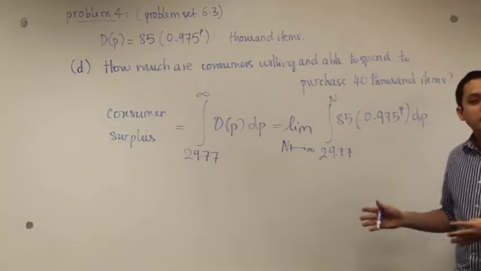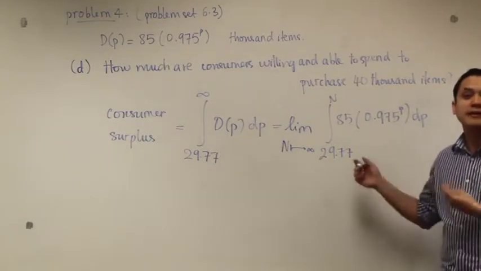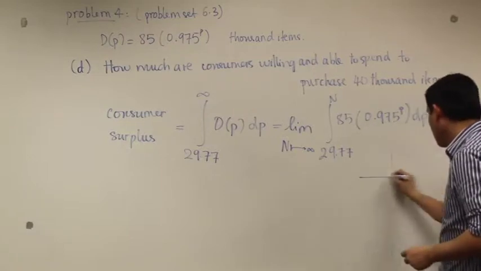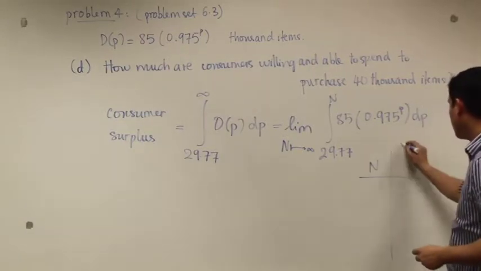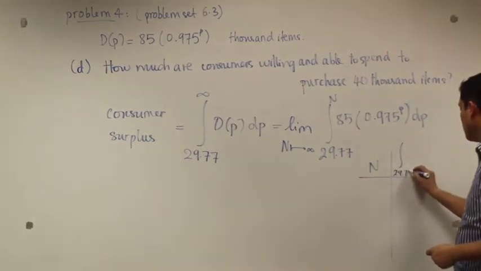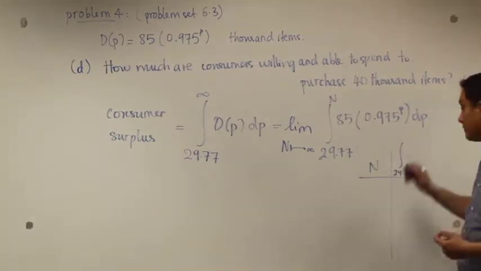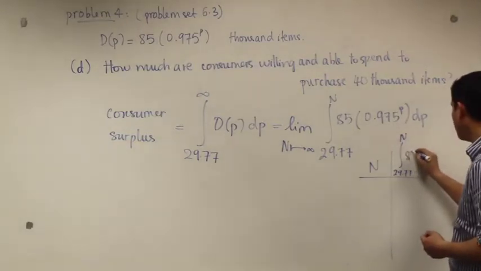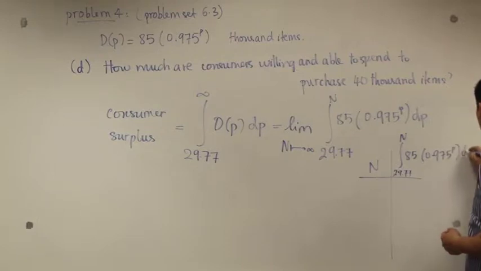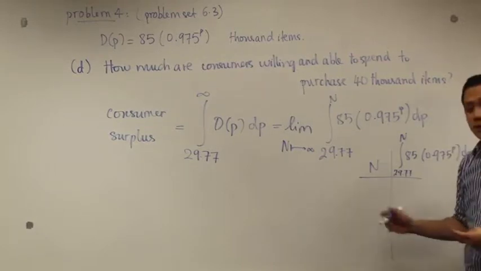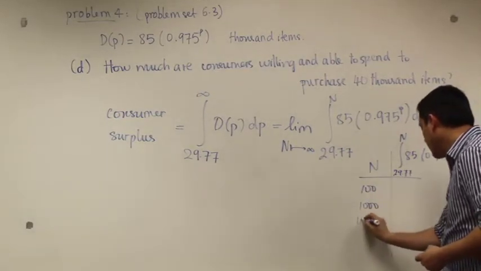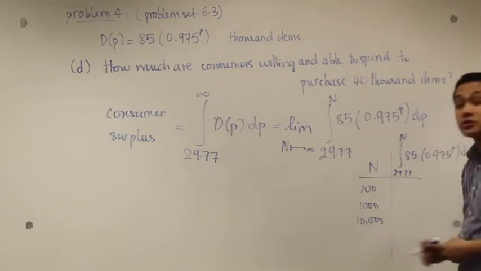So from here, we're going to use the numerical estimation to get the value for the improper integral. Here's the table. The first column is n, and the second column is the definite integral from 29.77 to capital N of 85 times 0.975 to the p dp. And I'm going to start n with 100, 1,000, 10,000, and so on.